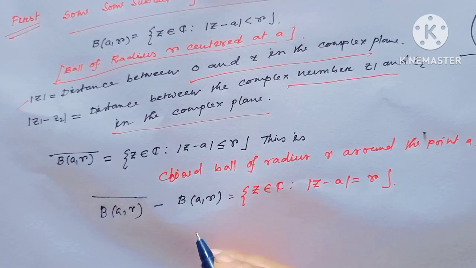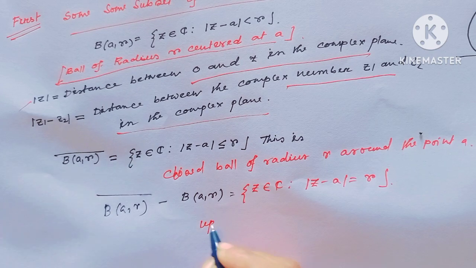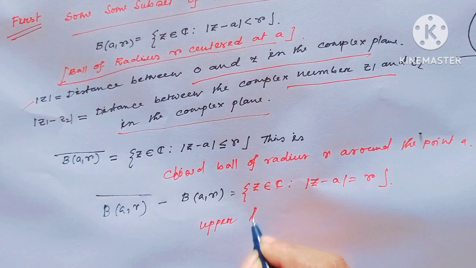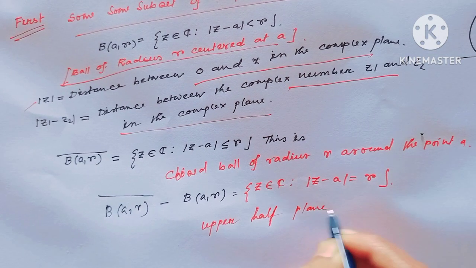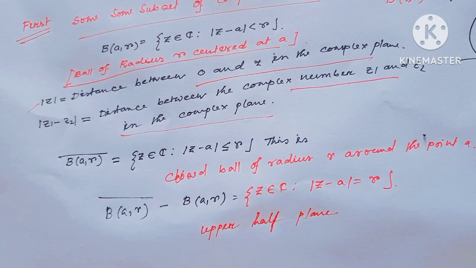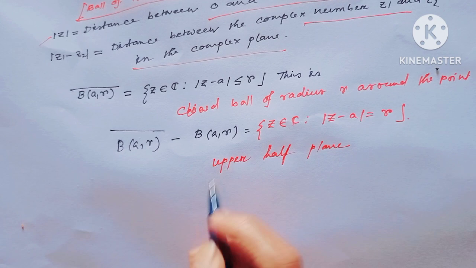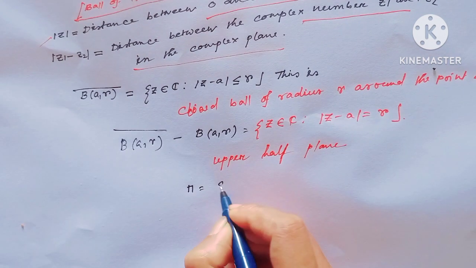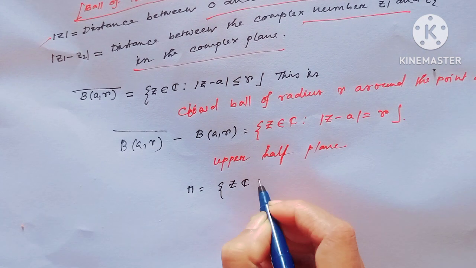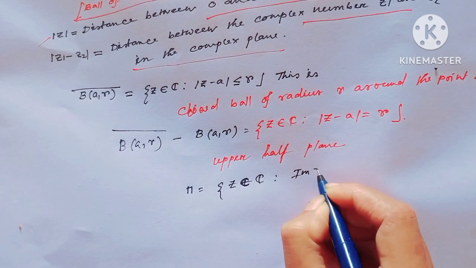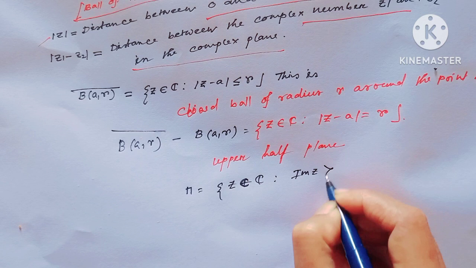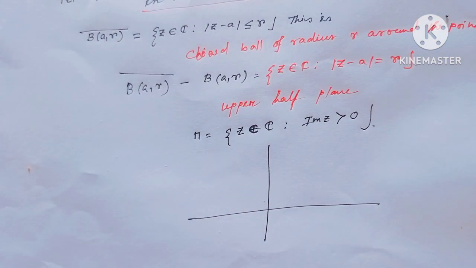Next I will look at what the upper half plane is in the complex plane. The upper half plane is denoted as pi. Pi is the set of complex numbers such that the imaginary part of z is strictly greater than 0, and the notation is of this type.